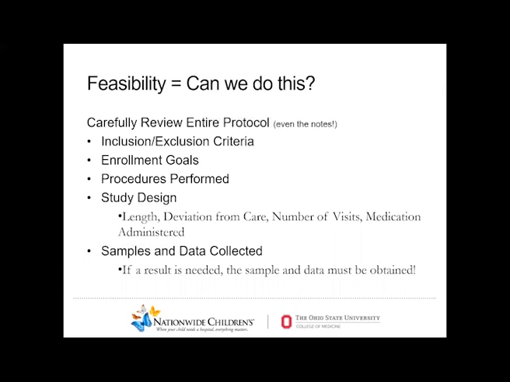And then if you look at the samples and the data that need to be collected, this is a key part. If a result is needed in the protocol, then you have to obtain the sample and obtain the data. So if you are trying to correlate, let's just say, stress levels right now, because everybody is in such an immense area of change, and you're using cortisol to obtain that data point, you're going to have to obtain the sample, and you're going to obtain the data from the lab that runs it.